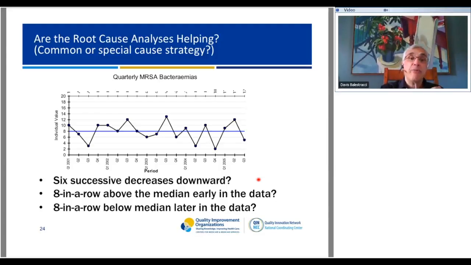So in other words, every difference between these data points is treated as special. Whether we went up is considered special. Whether we went down is considered special. Every infection is considered special. That is the human tendency. By plotting the dots, we're saying, no, this is common cause. We're perfectly designed.